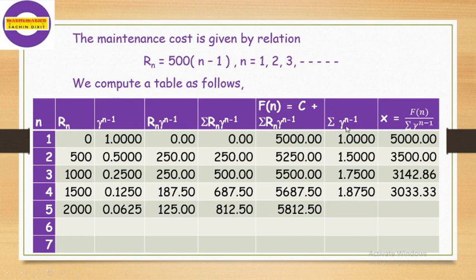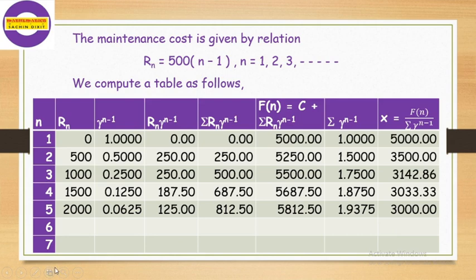Then the sum of gamma raised to n minus 1 means we have to add this 0.0625 to 1.8750. We get 1.9375. To find the average cost at the end of the fifth year, we divide this 5812.50 by 1.9375. We get 3000. Again, obviously, it is a decreasing value.